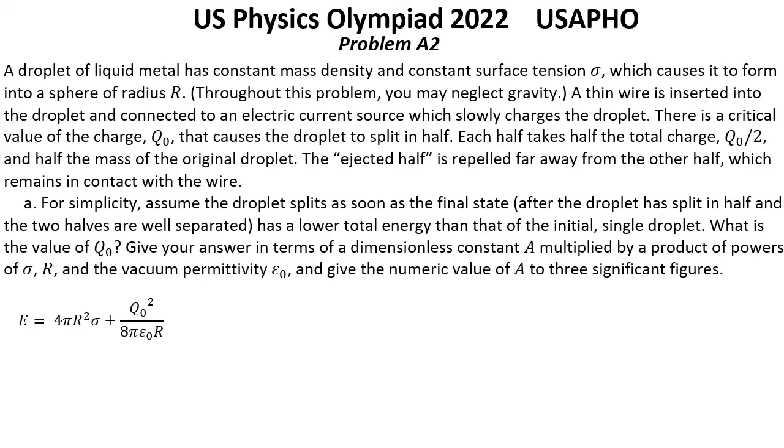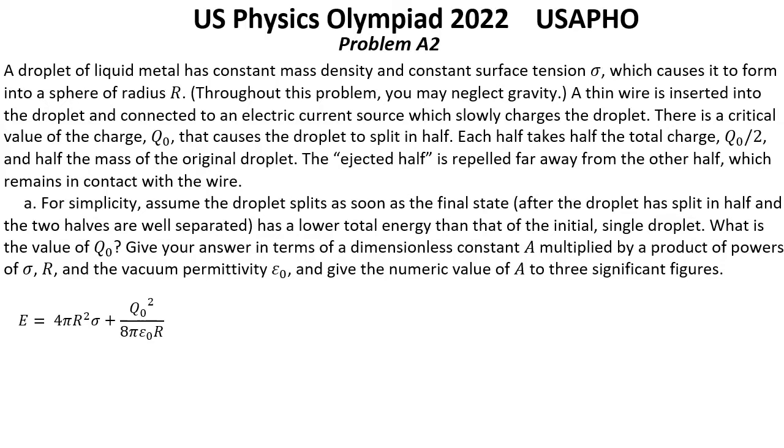So when we add an additional charge Q0, we can increase the electrostatic force, which can overcome the surface tension force. To find the point of instability, we can just take the first derivative of this energy with respect to r and set it equal to 0.